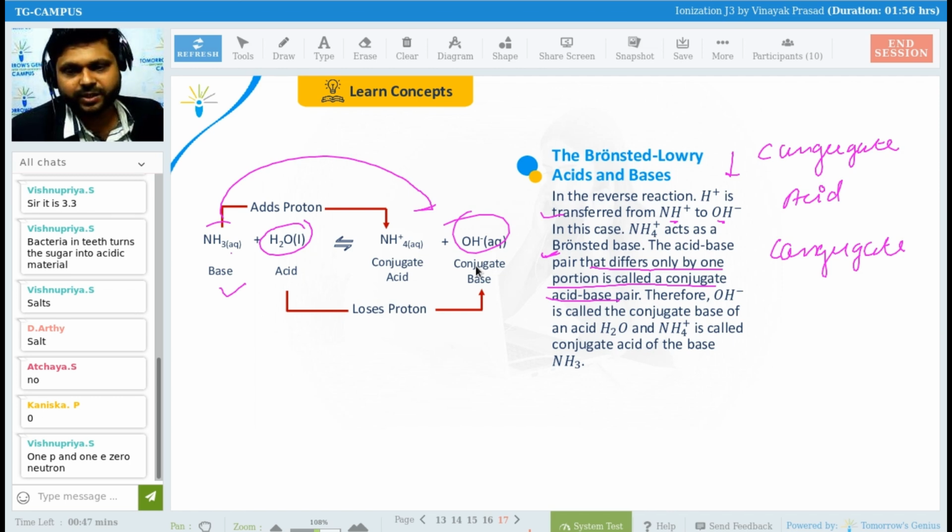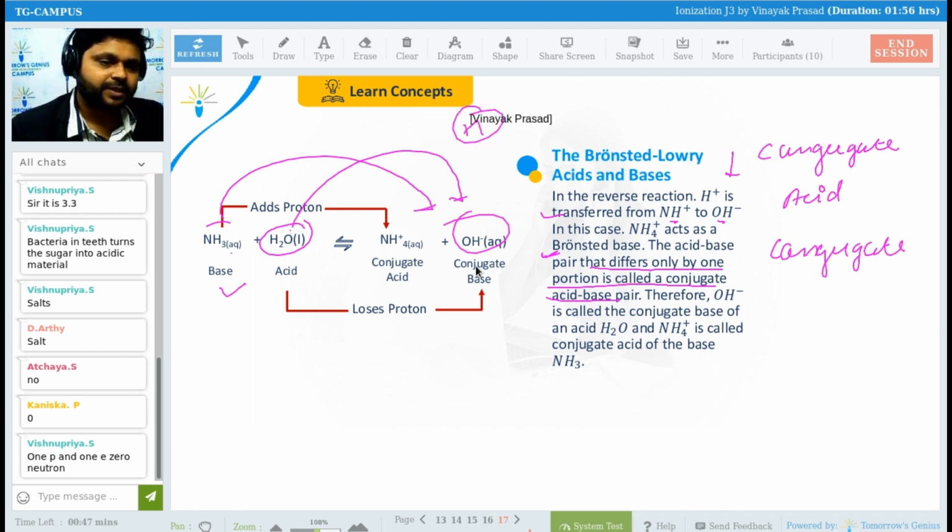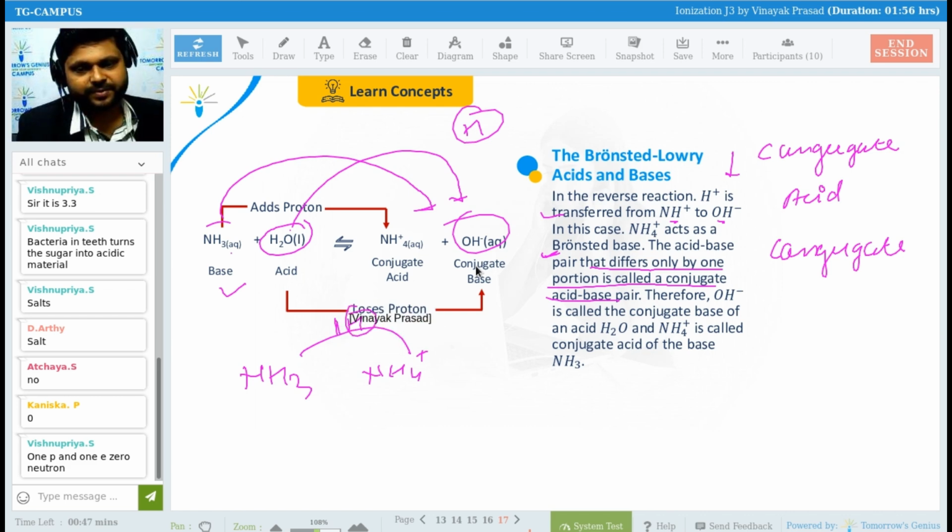Therefore, OH minus is called the conjugate base of the acid H2O. In the case of NH3 and NH4 plus, there is also a difference of 1 hydrogen. Is it okay, guys?